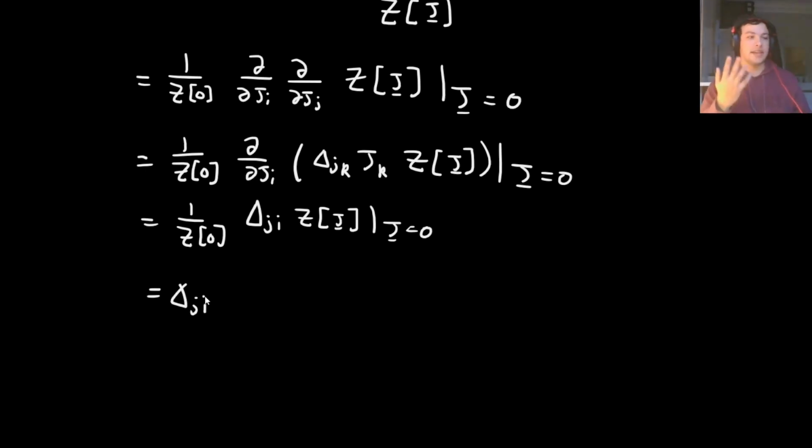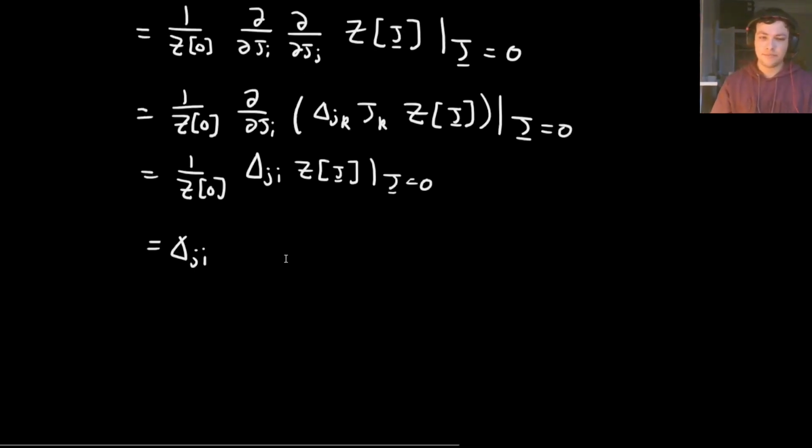So if Jij is non-zero, so there's a correlation between xi and xj, then we end up with a non-vanishing expectation value. So that's a fairly easy case.